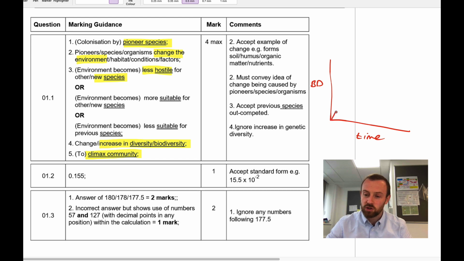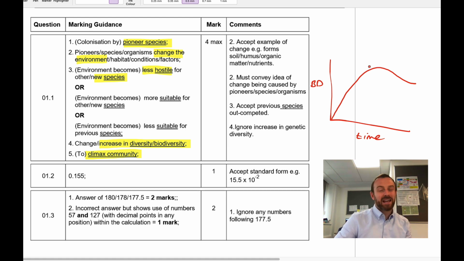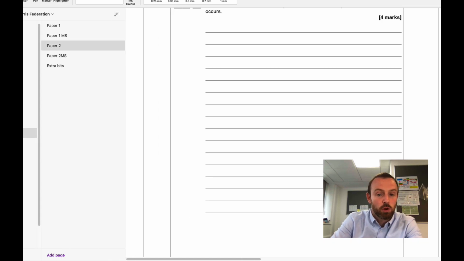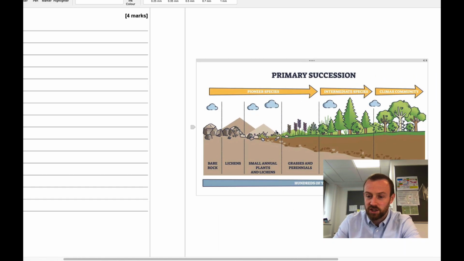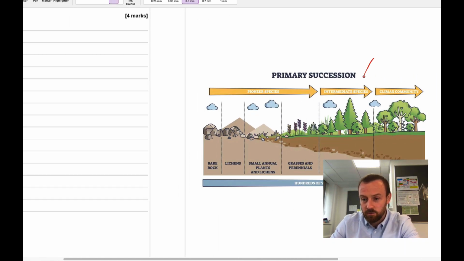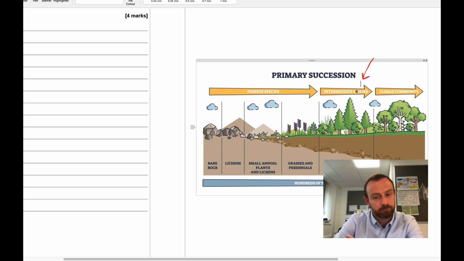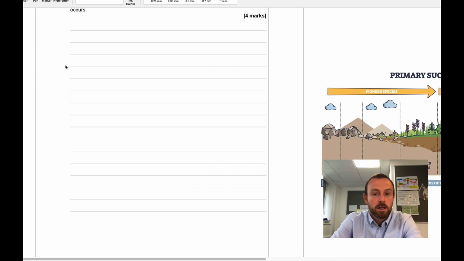You might get an indication that biodiversity increases, but then comes down a little bit in the climax community, because depending on the ecosystem, biodiversity can be higher in those transitional moments sometimes. Okay, on different questions. Let's keep going.